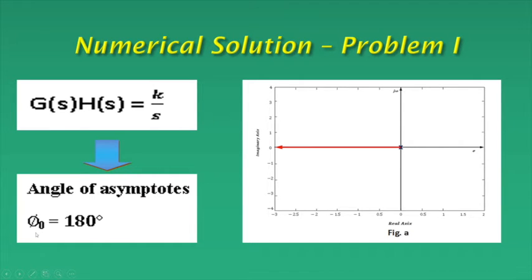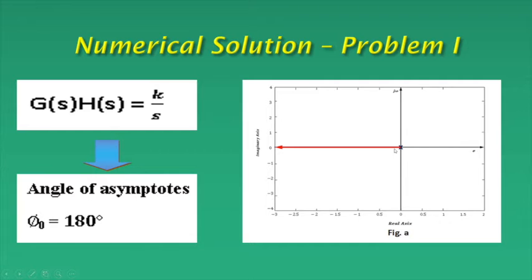Then if we consider q equal to 0, the angle of asymptote is equal to 180 degrees, and the number of root locus branches is equal to the number of poles. So only one root locus branch exists in the system. Then find the centroid of asymptote. The centroid of asymptote is equal to 0.